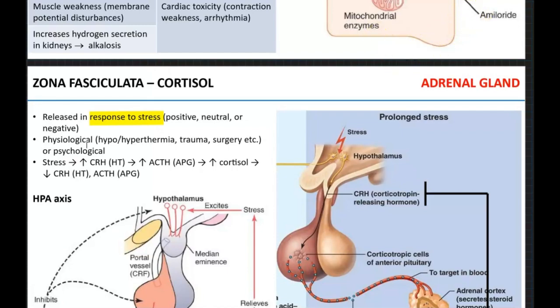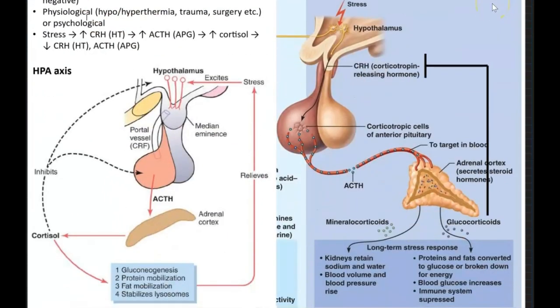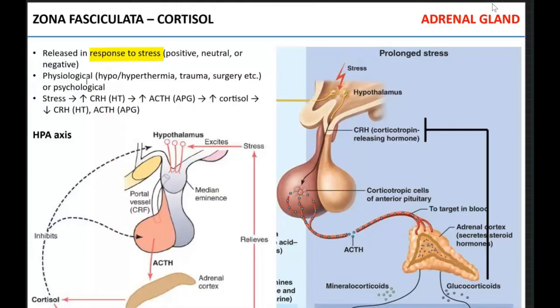So stress can be either psychological, for instance, you have to juggle multiple jobs and family and stuff. It can be physical, starting from surgery and ending with hypokinesia or trauma or hypo or hyperthermia.